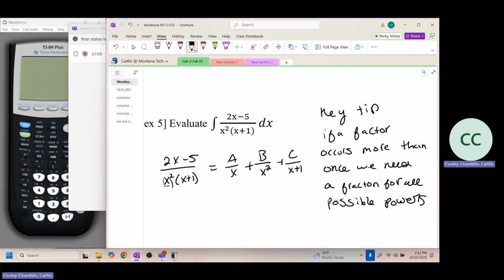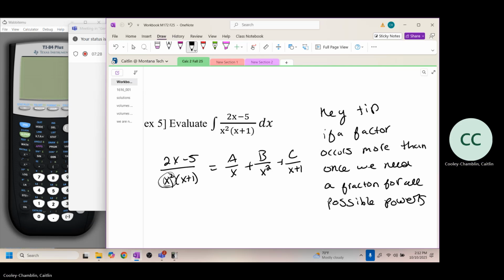So for every power of this factor, if it had been 5, I would need an x, x squared, x cubed, x to the 4th, and x to the 5th. For every power, I need a fraction.